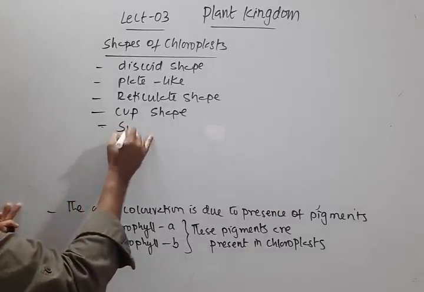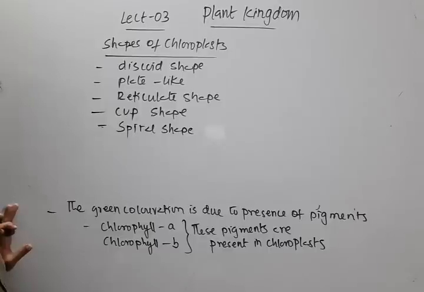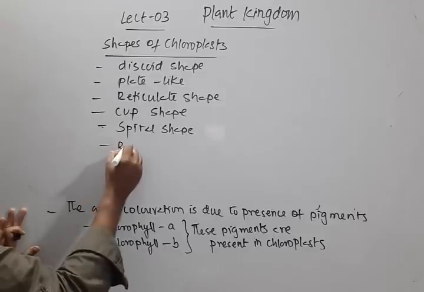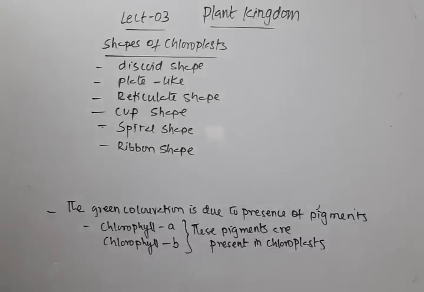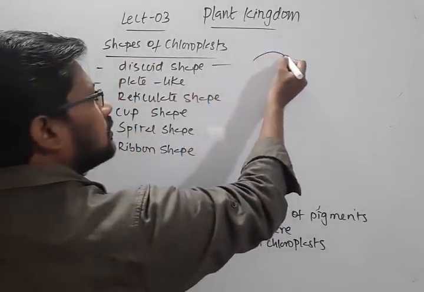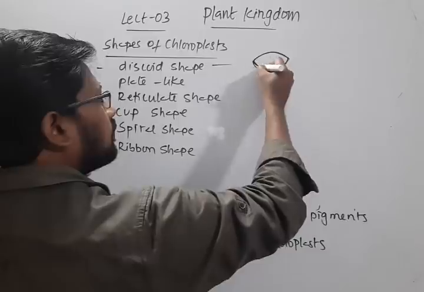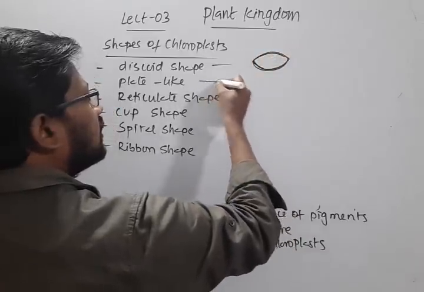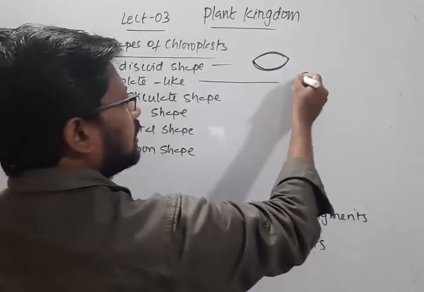We may see even spiral shape; in the last session we discussed that in Spirogyra, the chloroplast is spiral shaped. In some cases they are ribbon shaped. These are all the different shapes of chloroplasts. I will show you the shapes here. This is the discoid shape of chloroplast, and then plate-like.